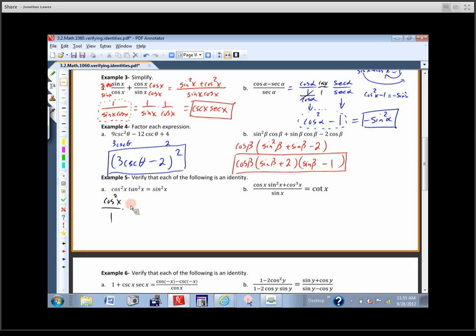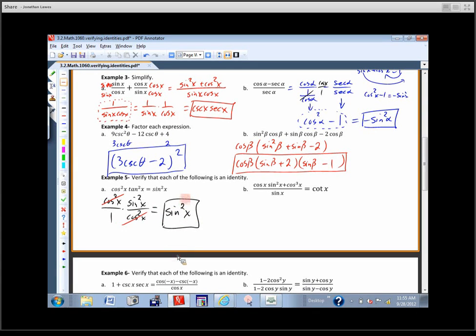And tangent squared is sine squared of x over cosine squared of x. Not much work here at all, because now I just use properties of fractions. I can cancel this factor of cosine squared with this factor of cosine squared. And I've simplified that side, and it is sine squared of x.